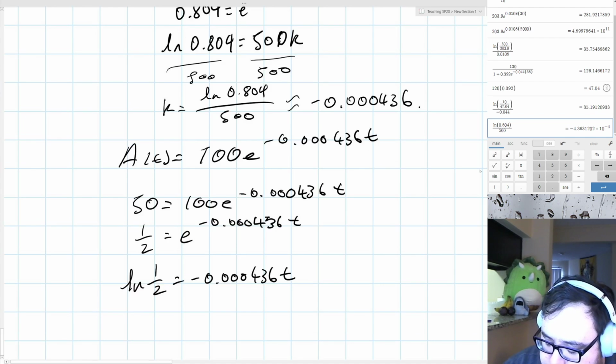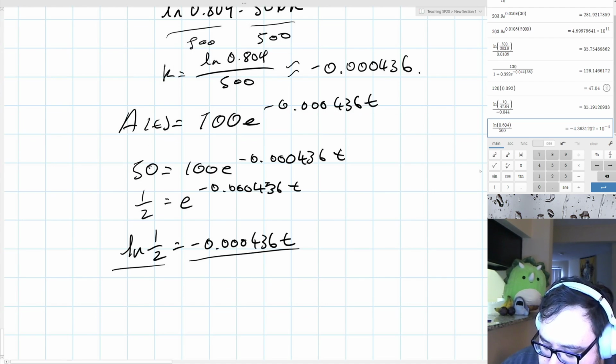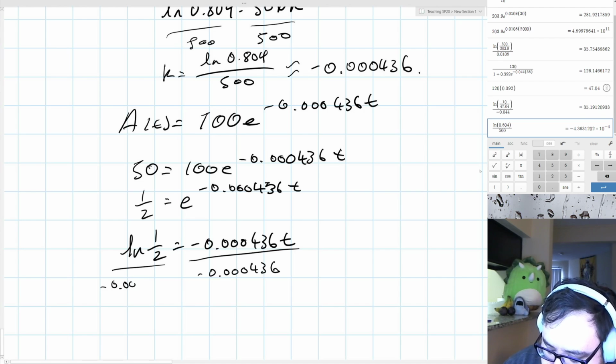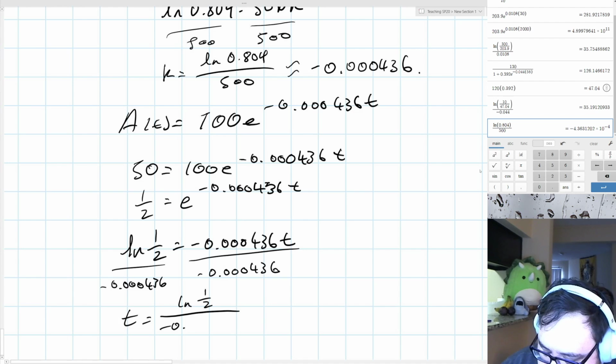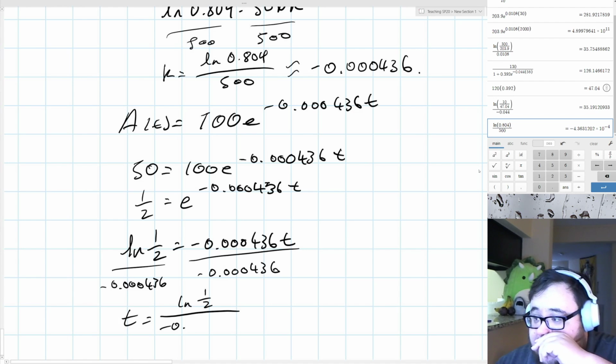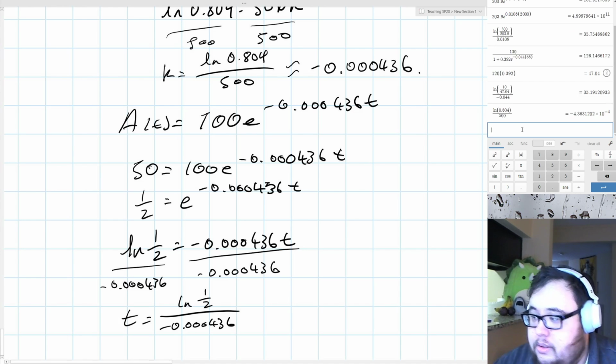And then we need to just divide both sides by -0.000436 to get that t is equal to ln of 1/2 divided by -0.000436. And we'll plug that into our calculator.